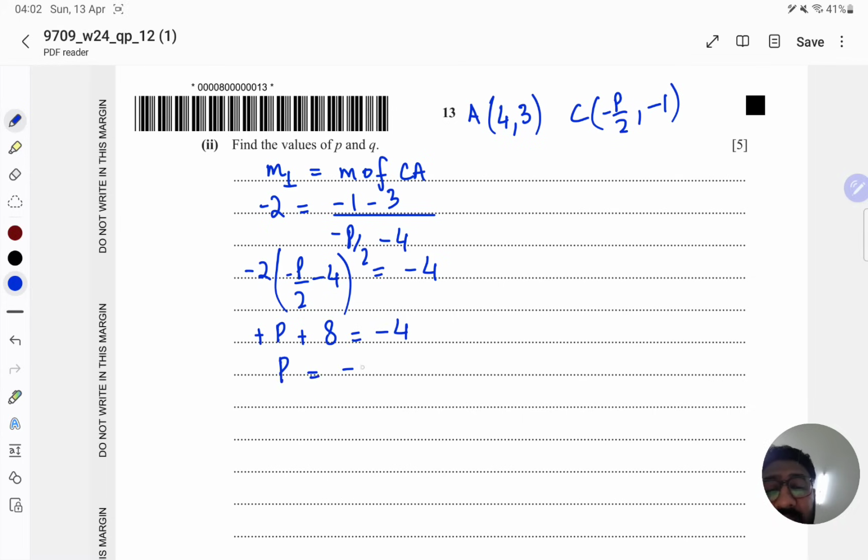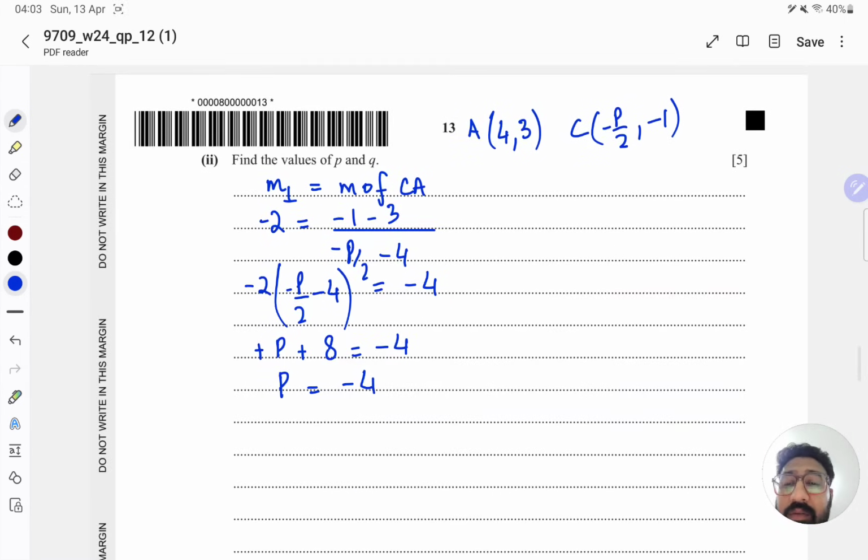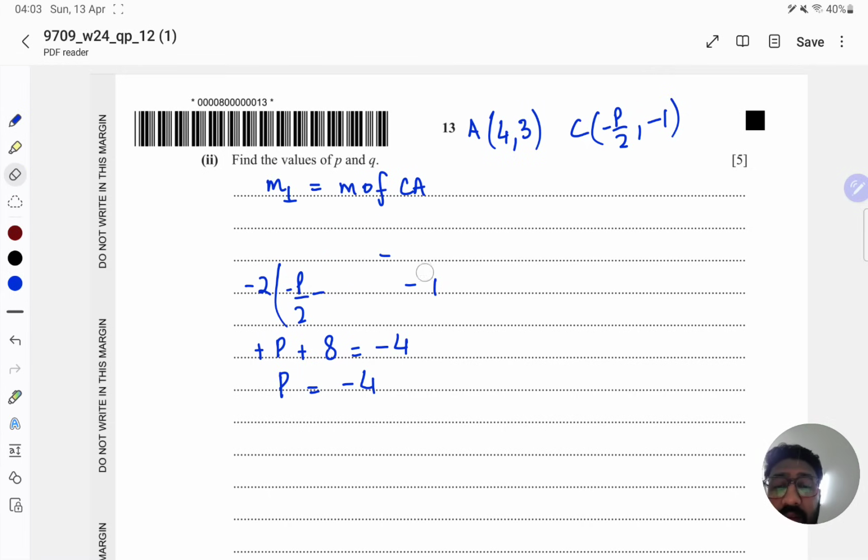Let me just redo it, I think there is some mistake.